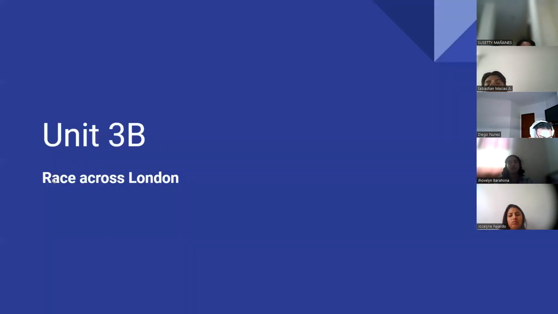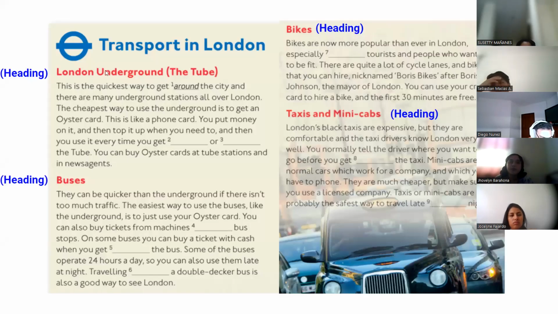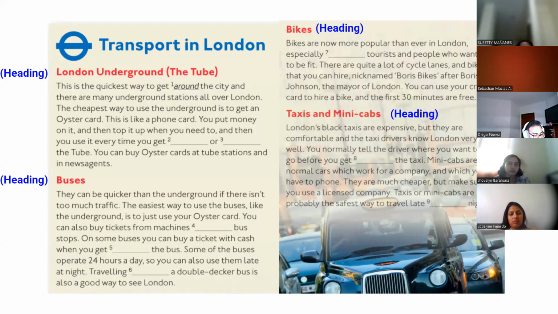You have to use headings, okay? Mention a minimum of three forms of transport. Do you hear me? Mention three forms of transport, okay?